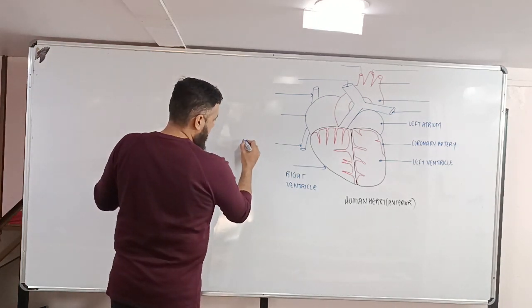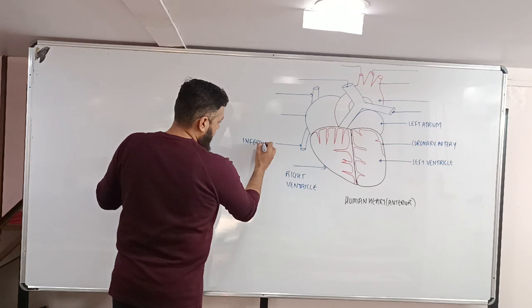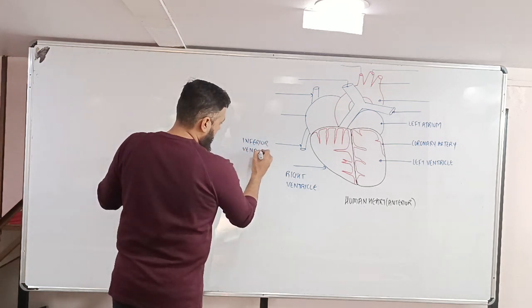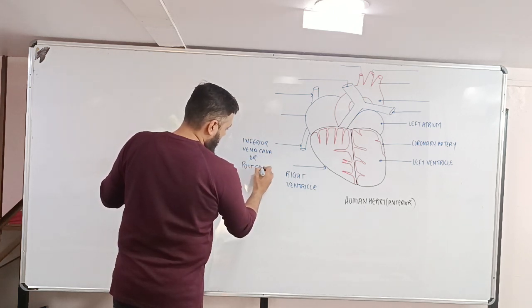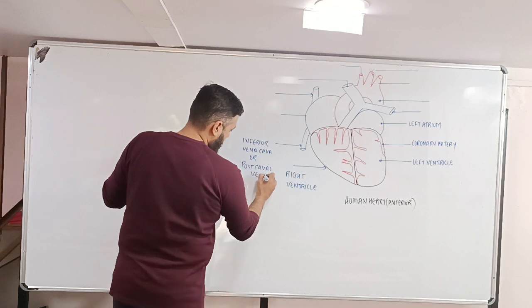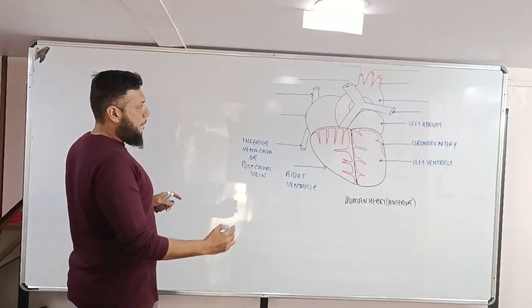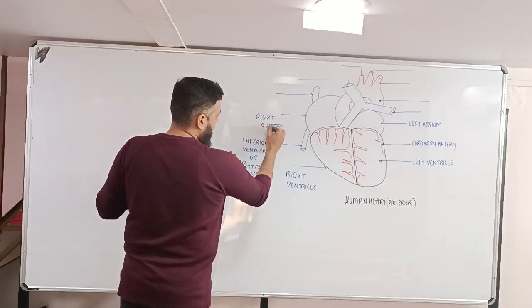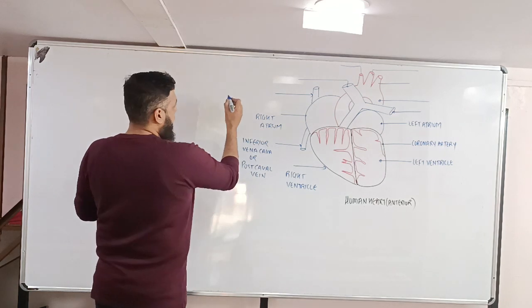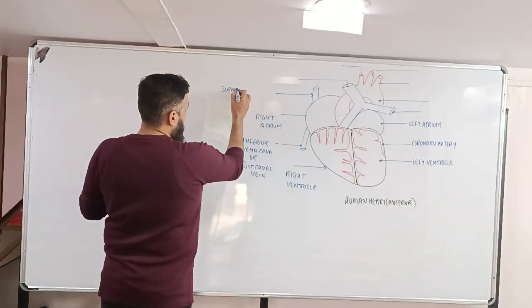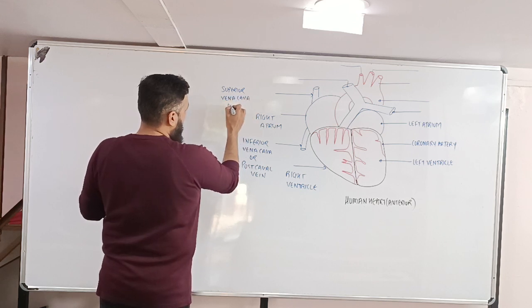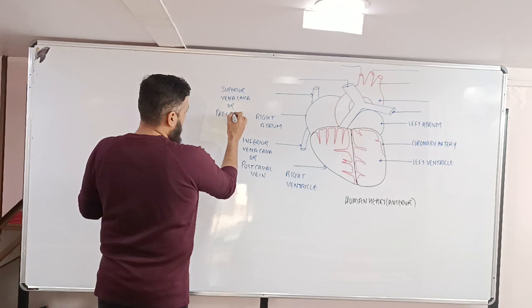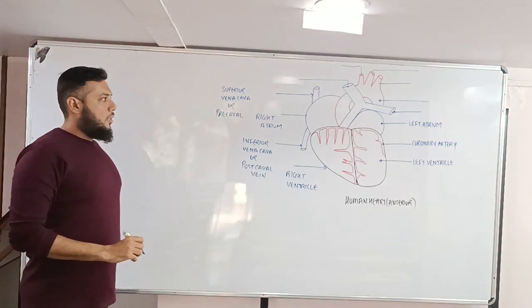This blood vessel is the inferior vena cava or post-caval vein. Then you have the right atrium. Then the superior vena cava or the pre-caval vein.